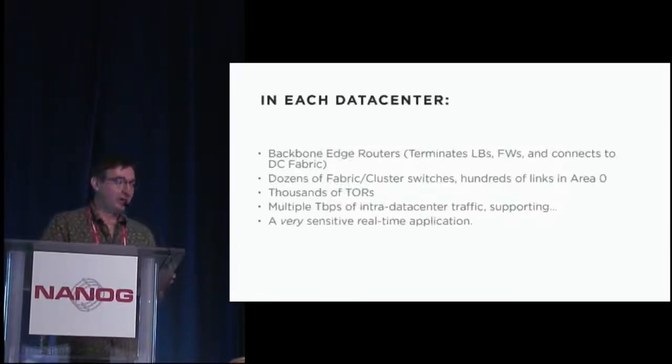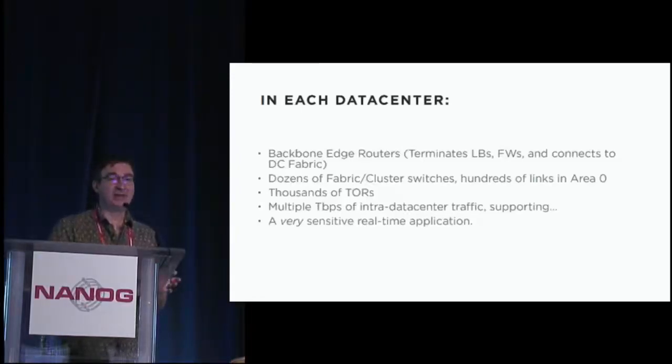So a quick description of the data center topology: a standard Clos model, backbone edge routers that connect the data center to the backbone, as well as terminate our load balancers and firewalls. Dozens of fabric and cluster switches. I believe that we were 4 wide on fabric at the time that we started this. We've expanded that fabric and gone wider since.